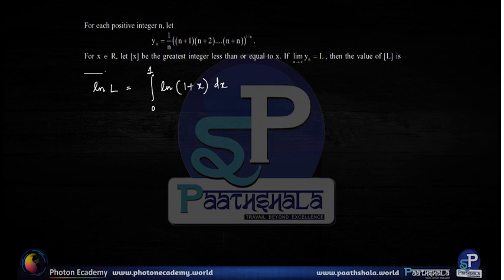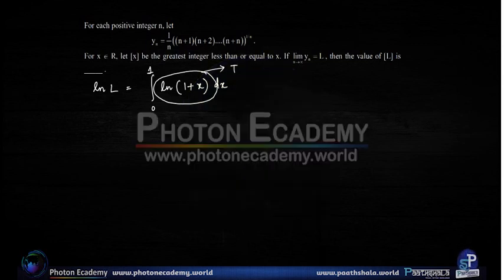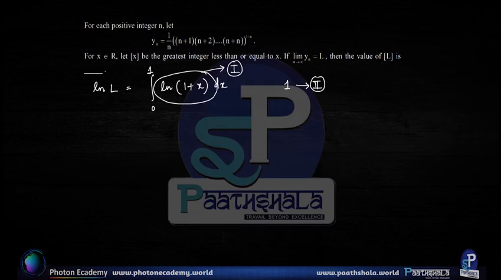We take ln(1 plus x) as the first function, and this can be written as 1 into ln(1 plus x), so we consider 1 as the second function. So the integration is the integration of f g dx, which can be represented using the integration by parts formula.